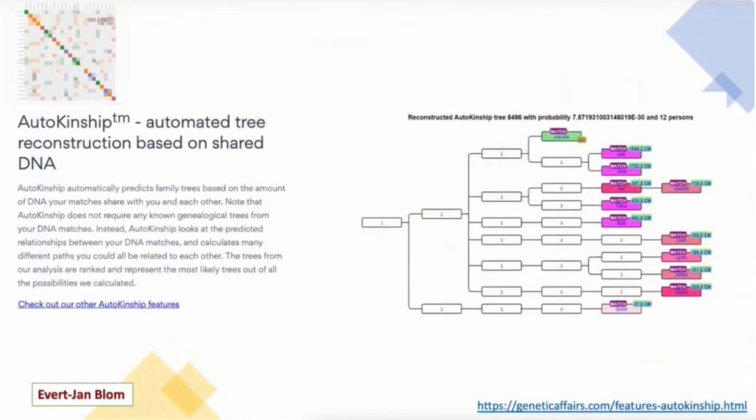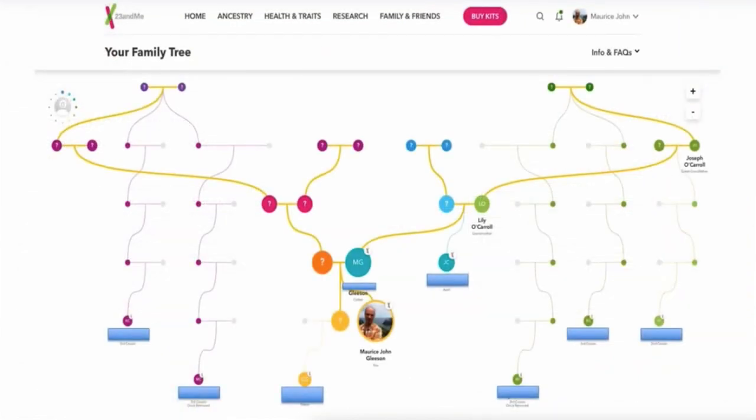Now, this type of approach forms the basis for Everett-John Blom's AutoKinship tool. And you can see in this example here, he's using amounts of DNA, 1,500, 1,700, 397, the 400s, much more substantial amounts of DNA than I am in my example. And it also forms the basis of what they do on 23andMe with your family tree.